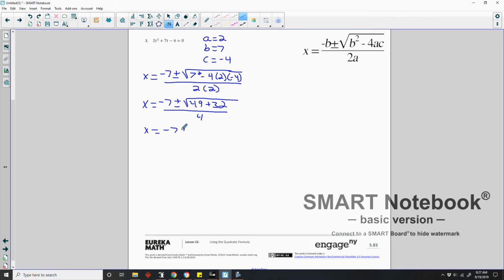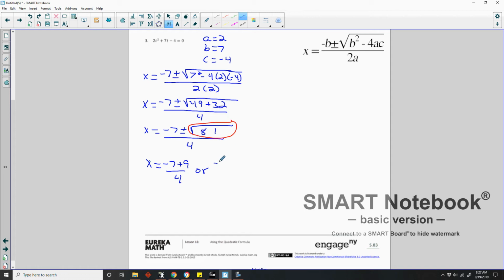x equals negative 7 plus or minus the square root of 81. Beautiful. Okay, whenever I have a perfect square, I'm going to get a rational solution. I'm leading up to something here. All right, simplify. x equals negative 7 plus 9 over 4.